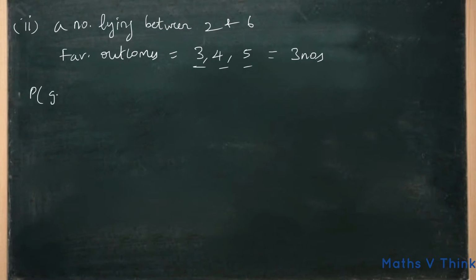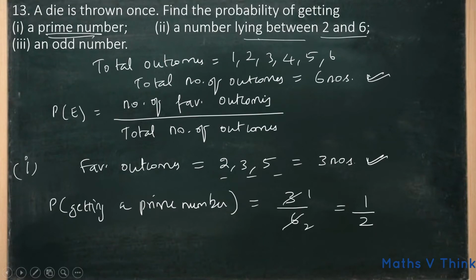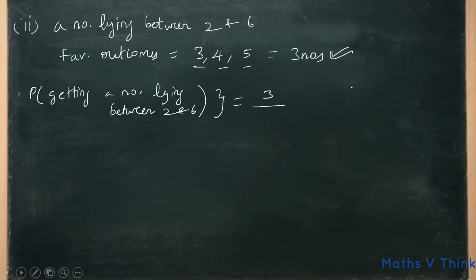So probability of getting a number lying between 2 and 6 is equal to number of favorable outcomes is 3. 3 divided by total number of outcomes, which is 6. So 3 divided by 6. 3 ones are 3, 3 twos are 6, which is equal to 1 by 2.